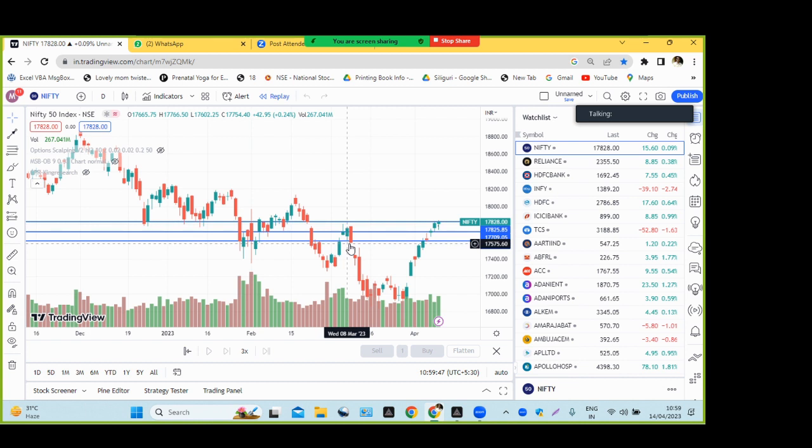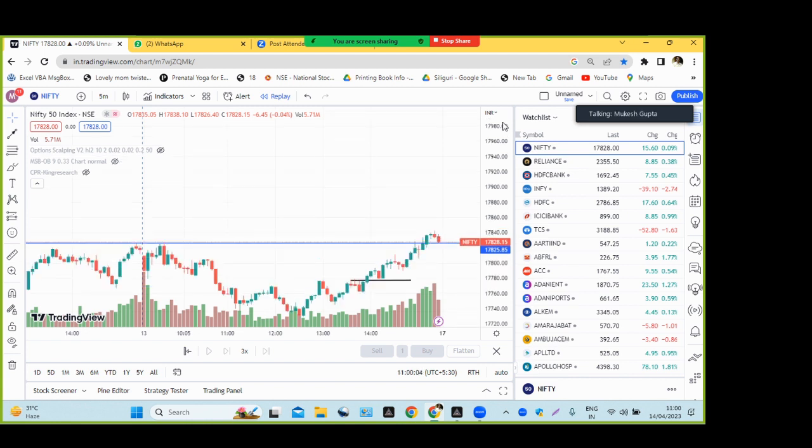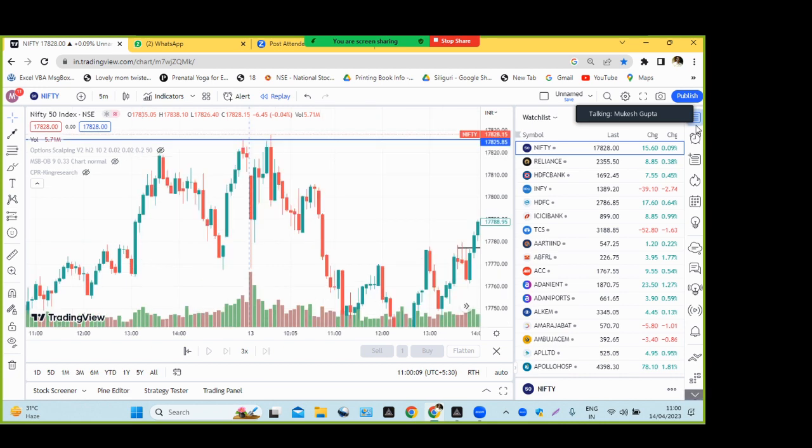So things are the same. We'll go to 5-minute Nifty. Now we are considering it as intraday. We'll talk about yesterday's trade only and see what happened yesterday.